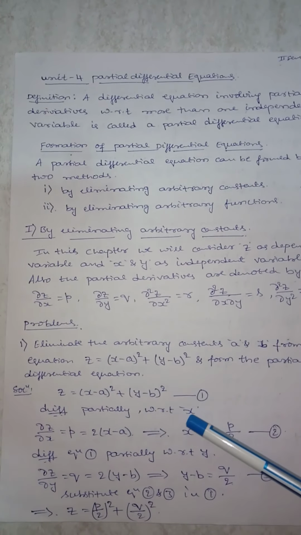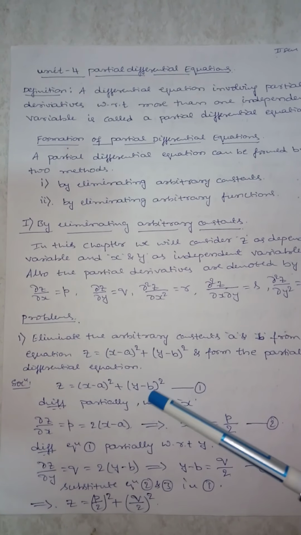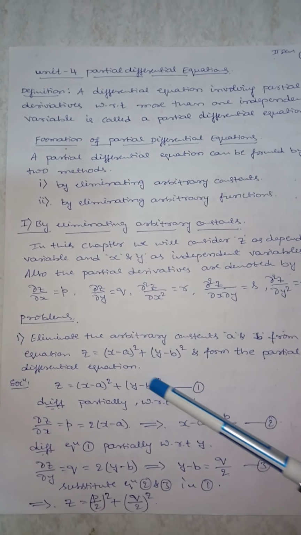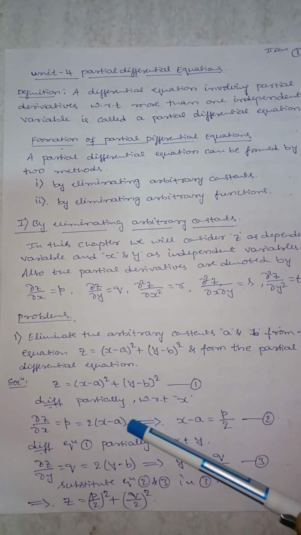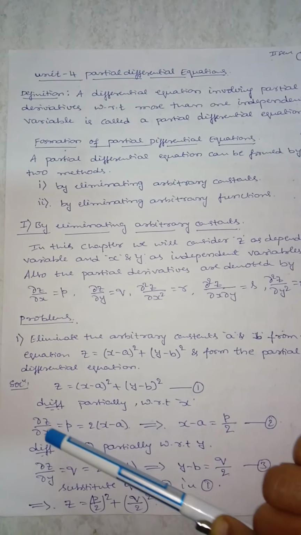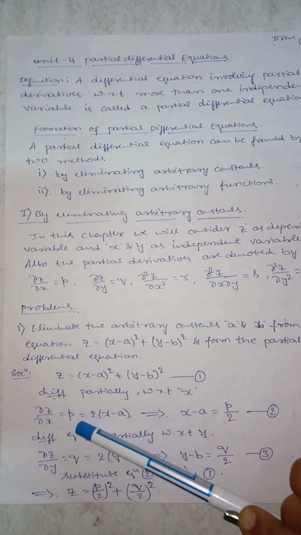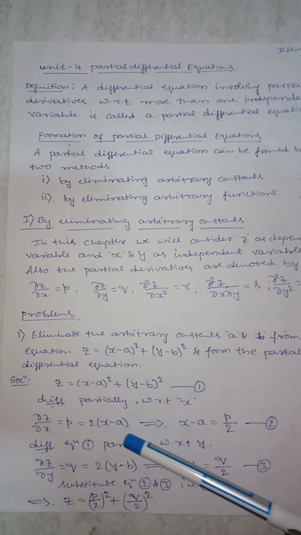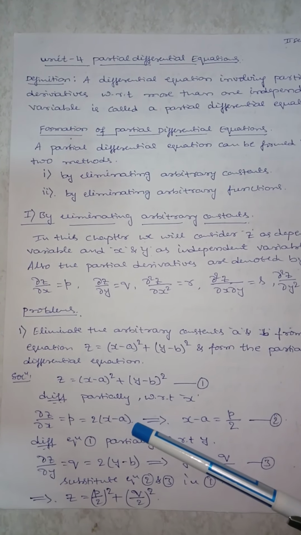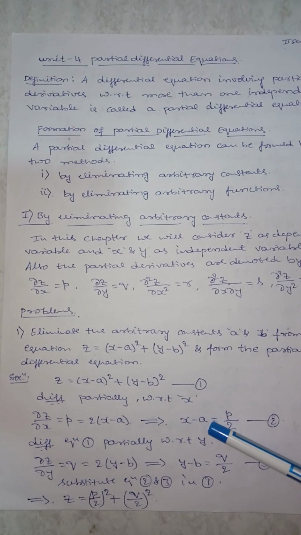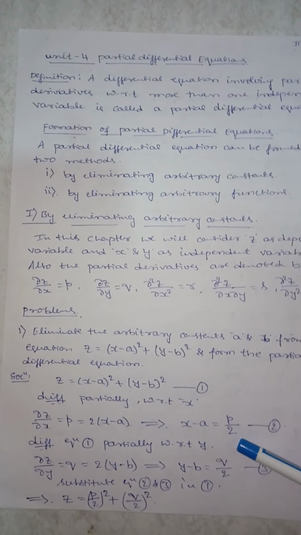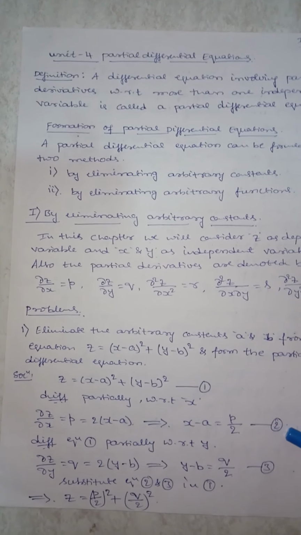Since we are differentiating with respect to x, here y acts as a constant, therefore differentiation of this term will be equal to 0. So you will be left with dou z by dou x, that is p, equal to 2 into (x minus a). That is, from this equation you can write x minus a as p by 2. Call it equation 2.